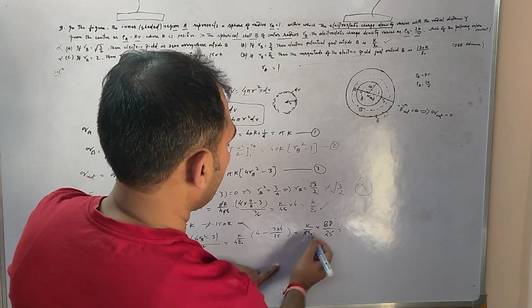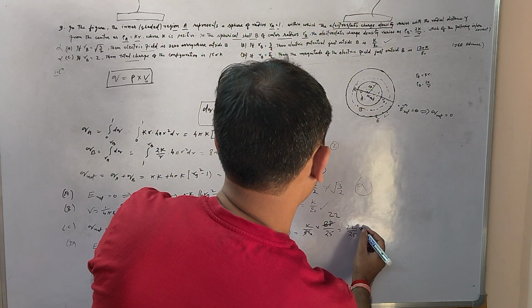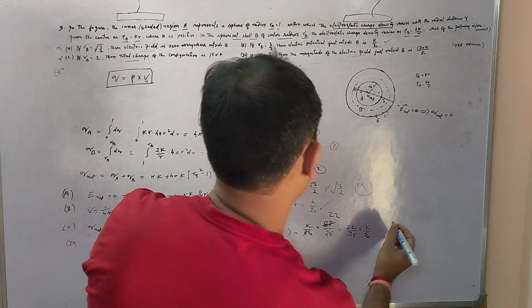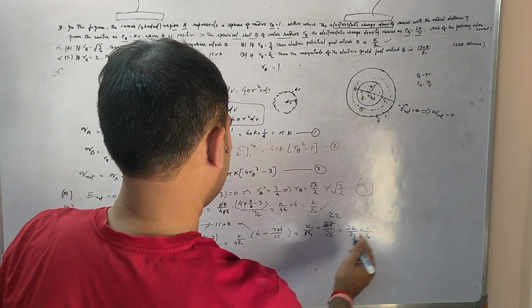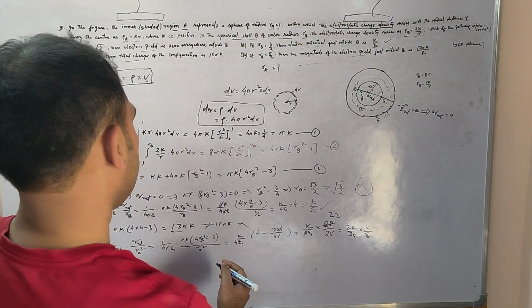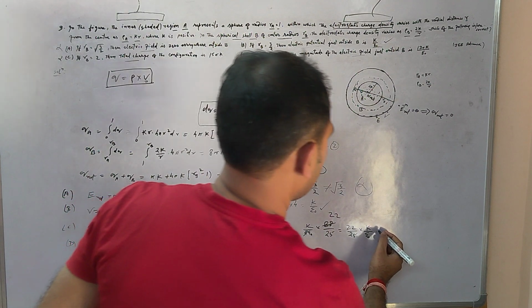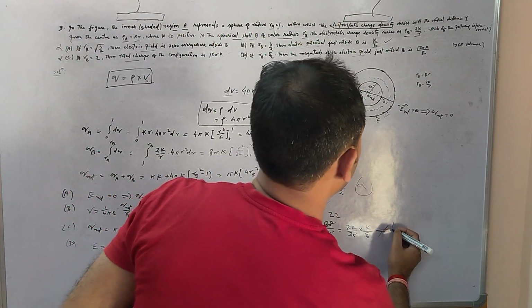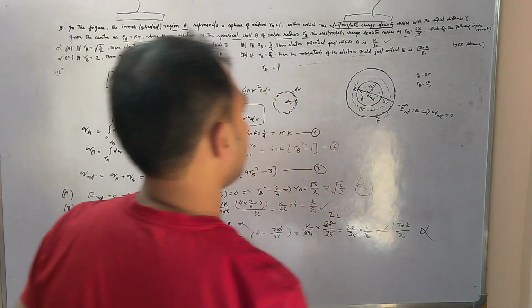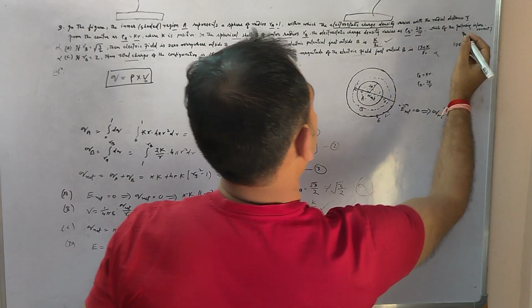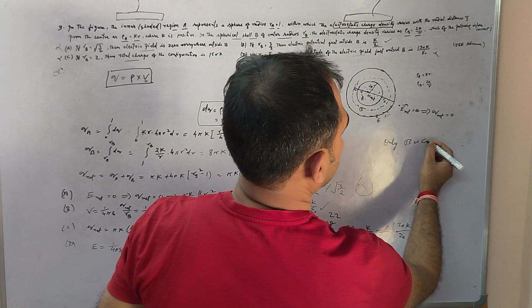That will be 22 by 25 K by epsilon naught. But here it is given 13 pi k by epsilon naught, which is not equal. So statement D is also incorrect. So the answer will be only statement B is correct.